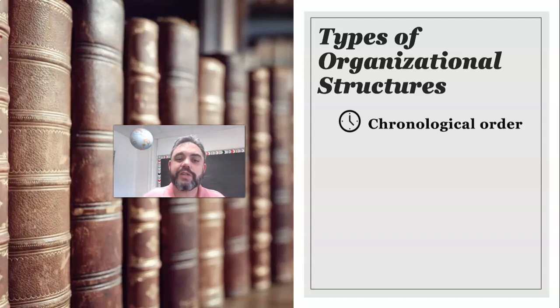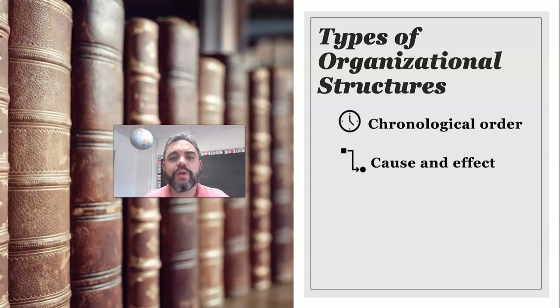A good example of this is something we'll check out later. The next thing is, oh, I see one thing, but then it results in another. It's called cause and effect. When we look at history, text about historical events, that is usually cause and effect.